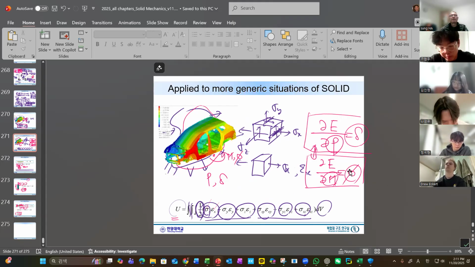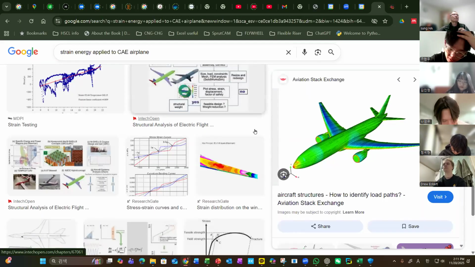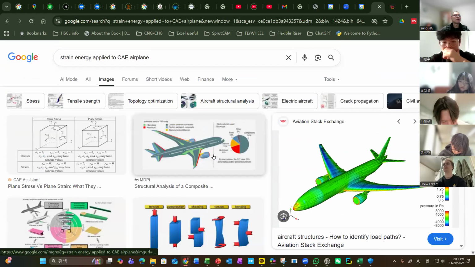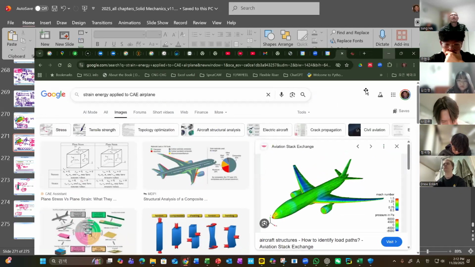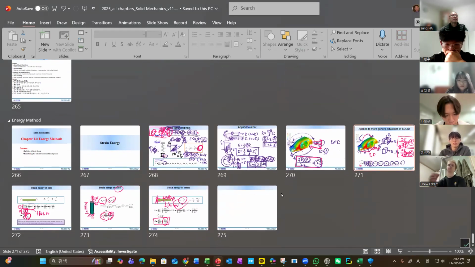Well, this is just a very small touch of this subject, but I just want you to start to think about the concept of strain energy, and then just the extension to all generic cases, and how important it can be when applied. Okay. So that's the point.